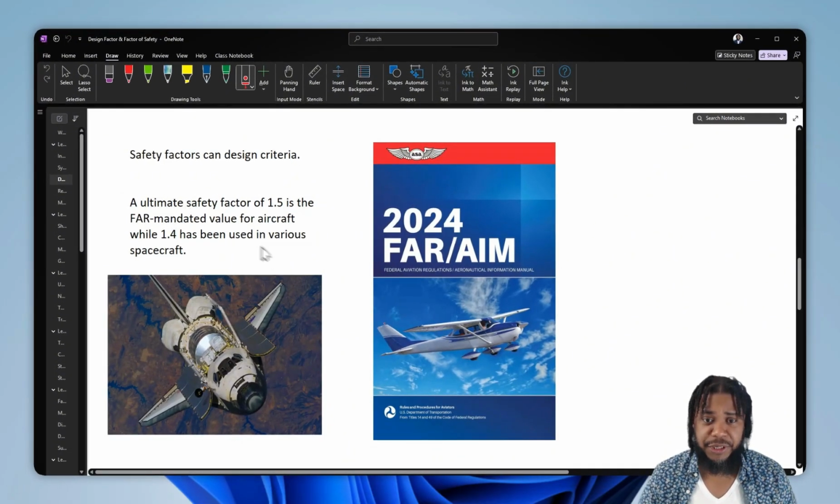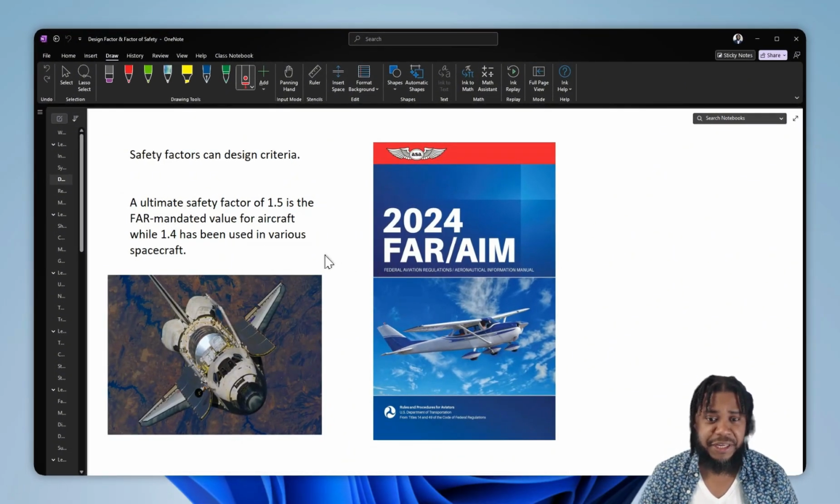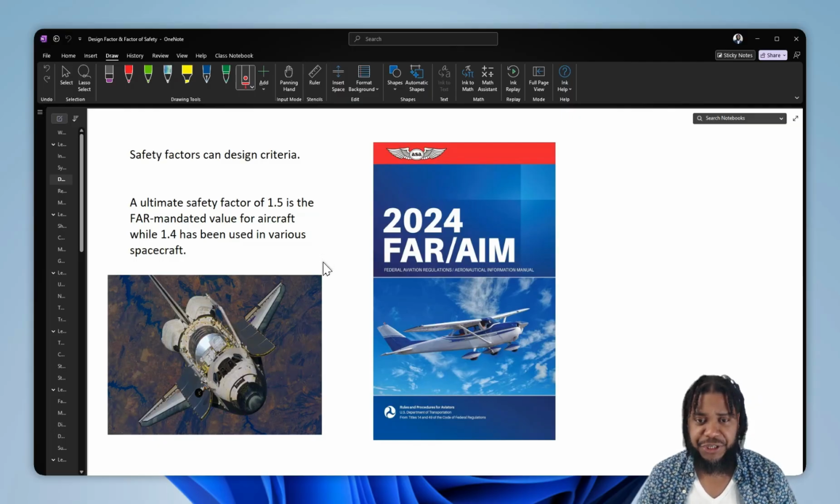For example, the FAA, the Federal Aviation Administration, the SAE, Society of Automotive Engineers, various organizations define safety factor requirements that a design must be safe greater than 1 to a specific value.